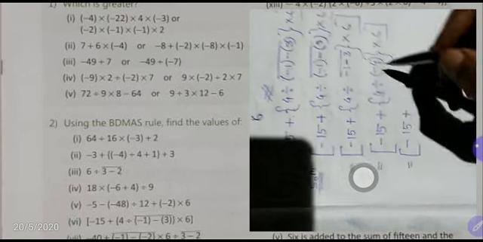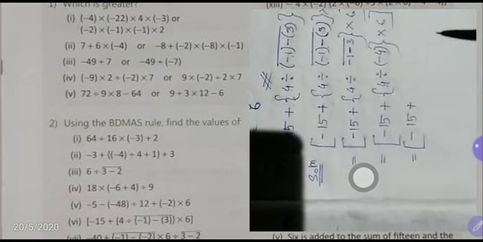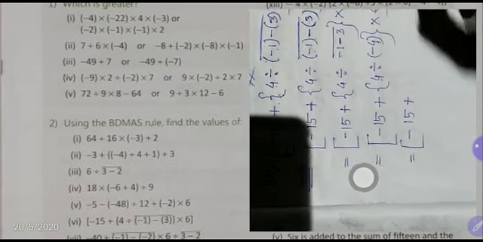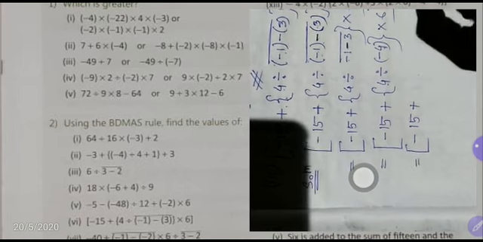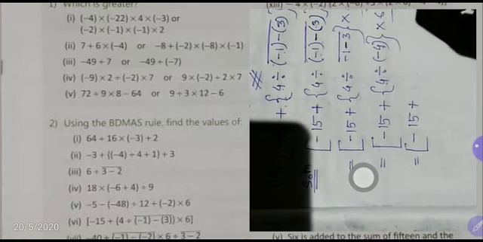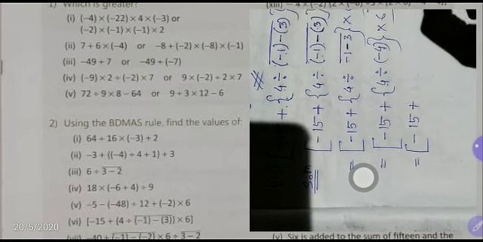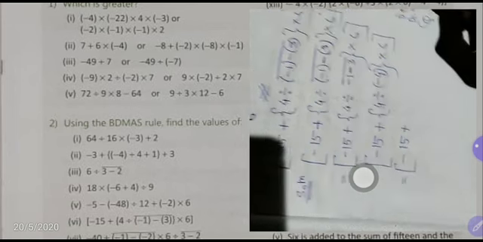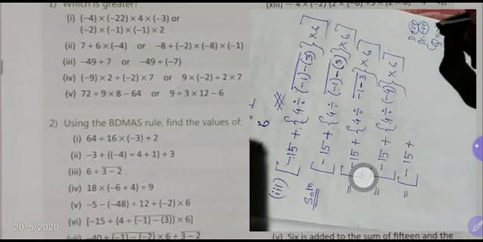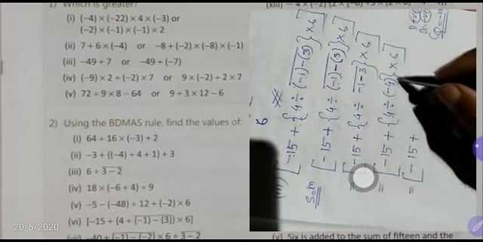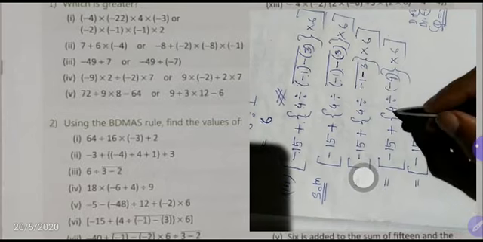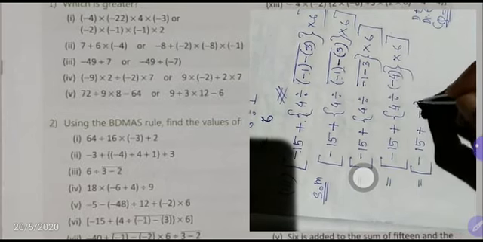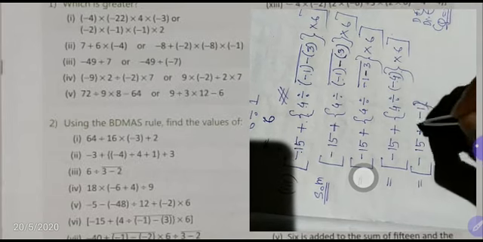Divisor and dividend, one is positive, one is negative. So what quotient will we get? The quotient will be negative. In division properties, if one is positive and one is negative, then our quotient will be negative. So 4 divided by 4, what? 1, but one is positive and one is negative, that means we will get minus 1.